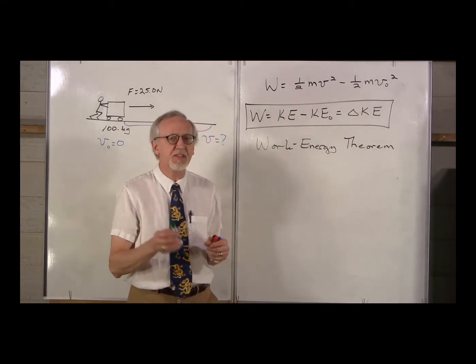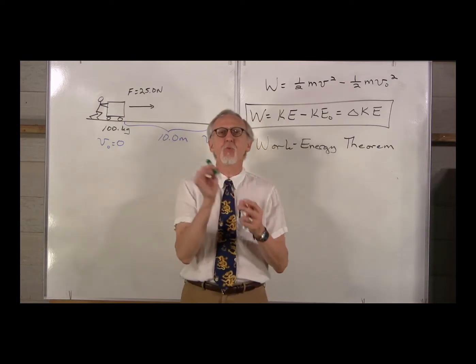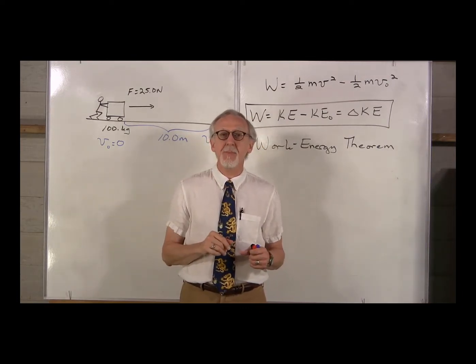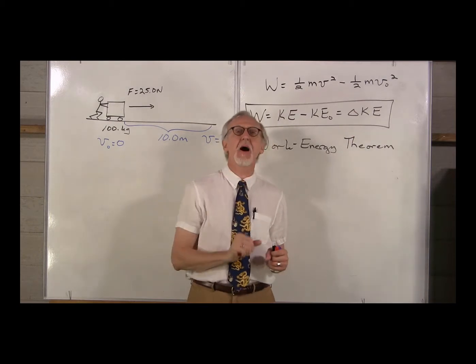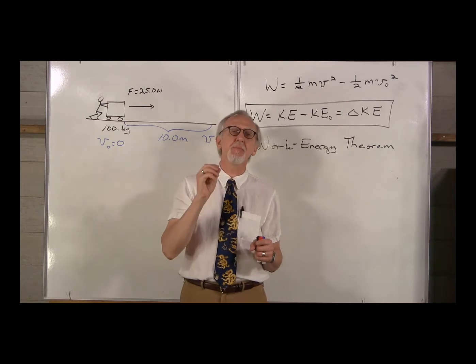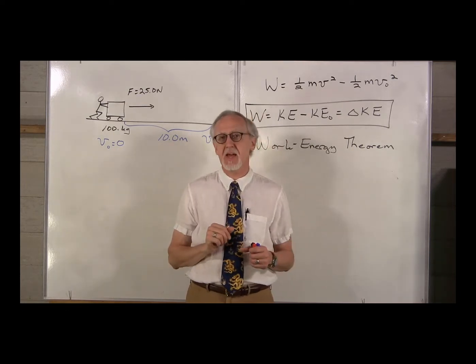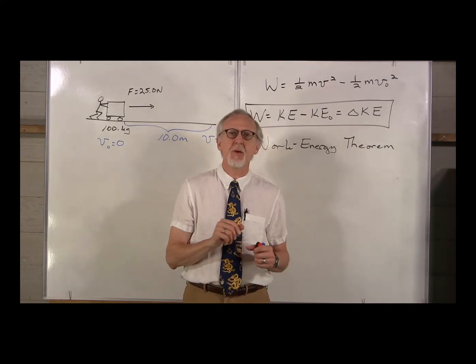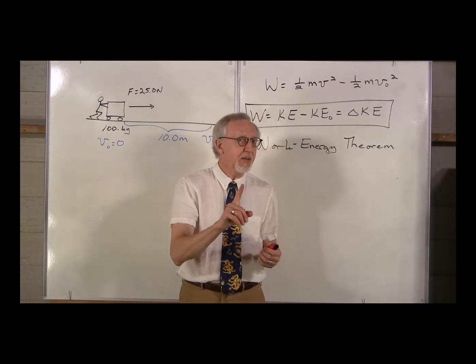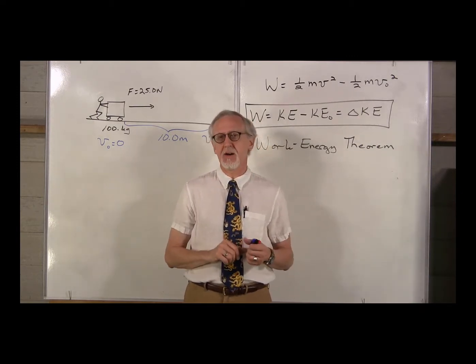For example, very simply, if I have a pen and I apply a force on it, what happens? As I push that object through a distance, I'm doing work on that object, I am increasing its kinetic energy. The kinetic energy goes up, and what happens? It flies off.